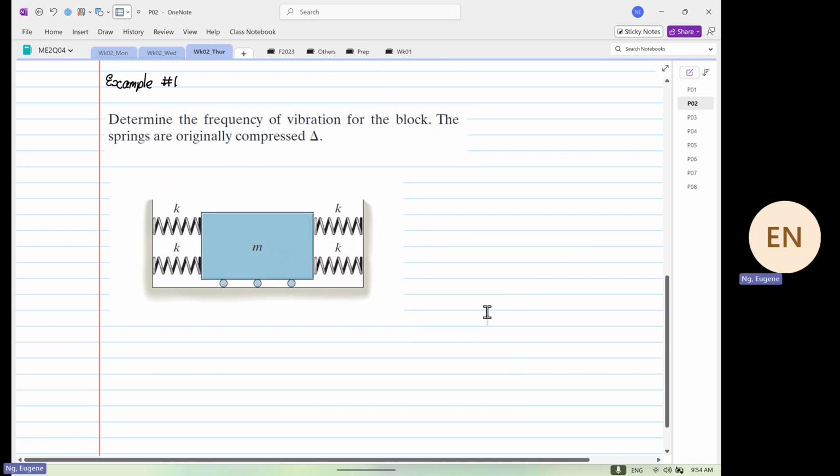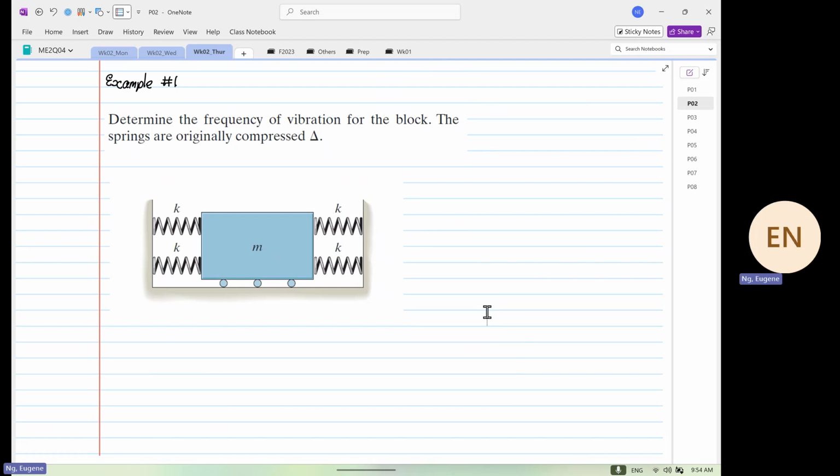You have a system here. You have a mass at the center, and on the left-hand side, you have 2 springs. Okay, and on the right-hand side, you have also 2 springs. So you see this sort of configuration, and it highlights that the springs are originally what?